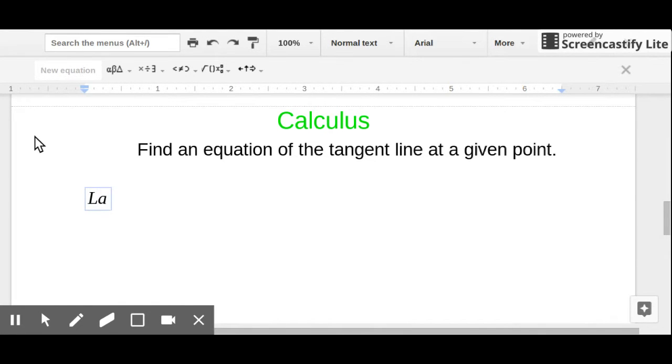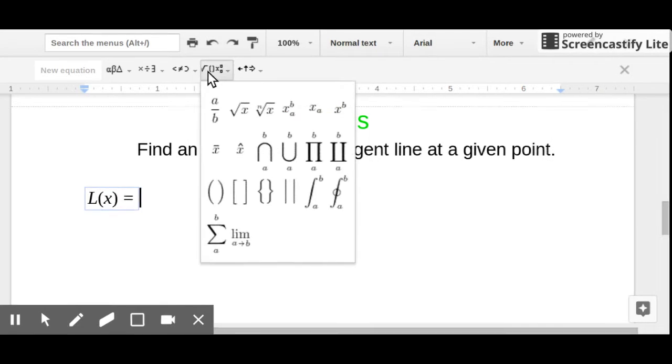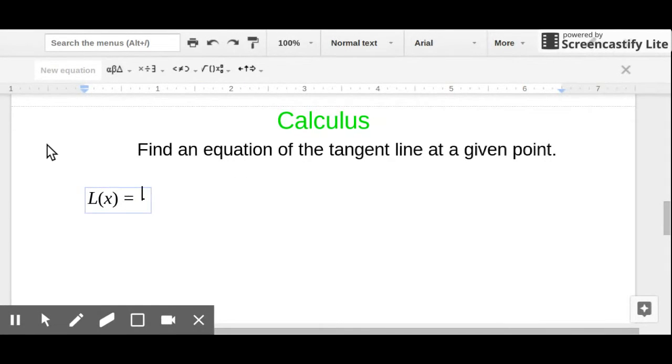We'll call this one L. L of x is equal to, I'm going to let you find the derivative using the definition, that's going through the limit process. How's that? x squared over 2 minus 3.